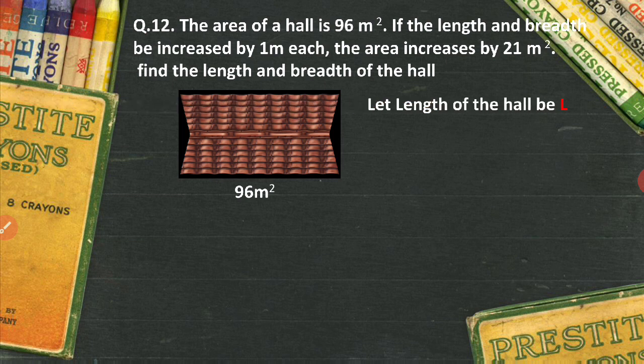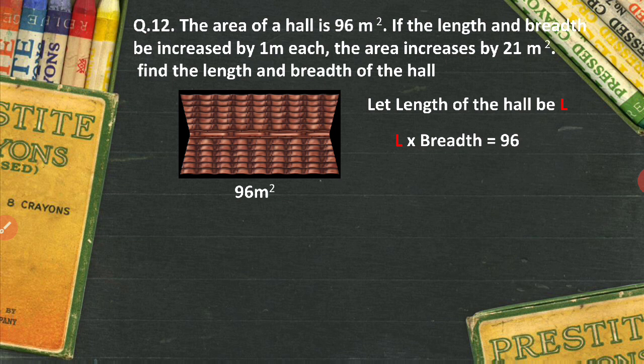Since we don't know the length of this hall, we will say let it be L. And length multiplied by breadth is equal to area. You already know this as the formula for a rectangle.